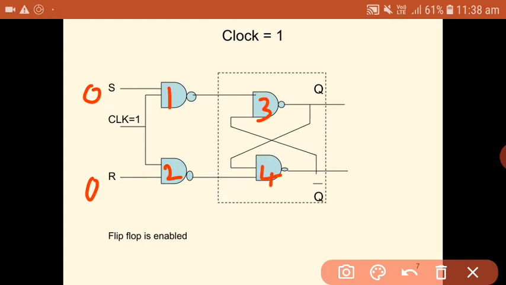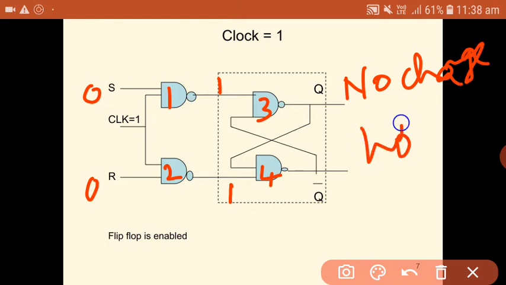When S is equal to 0 and R is equal to 0, what happens? The output of the first NAND gate will be equal to 1. The output of the second NAND gate is also equal to 1. So the inputs to the third and fourth NAND gates will be 1 1. For the 1 1 combination, since Q bar is available, 1 into Q bar gives Q, so there is no change in the output, the hold state.